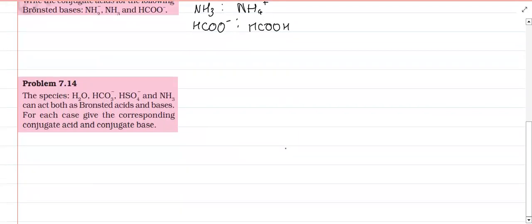Okay, now we already discussed this. There are certain species which act as both Bronsted acids as well as bases based on what they react with.